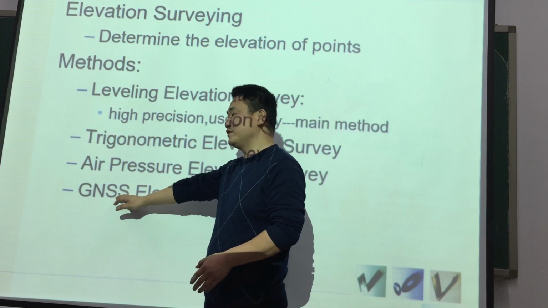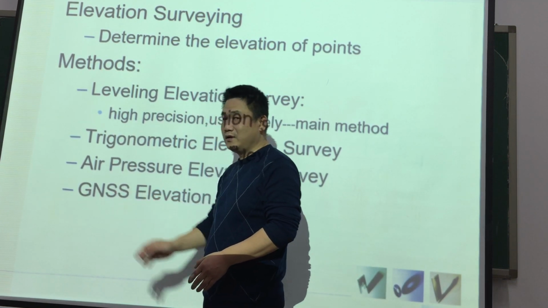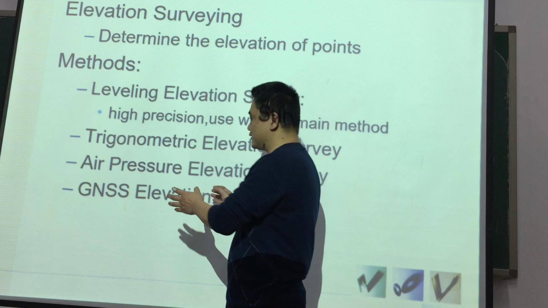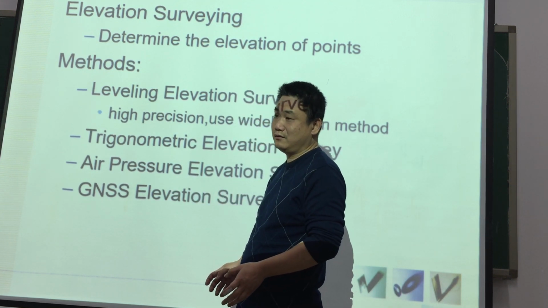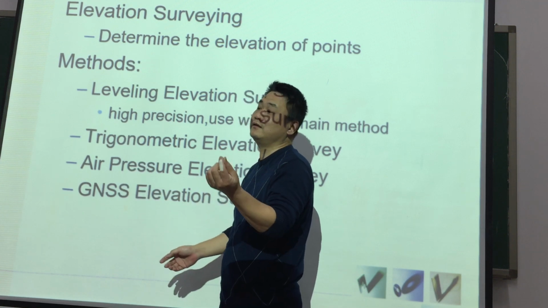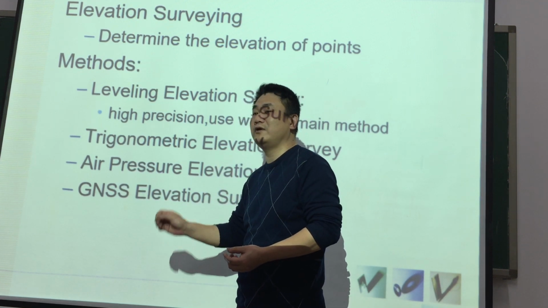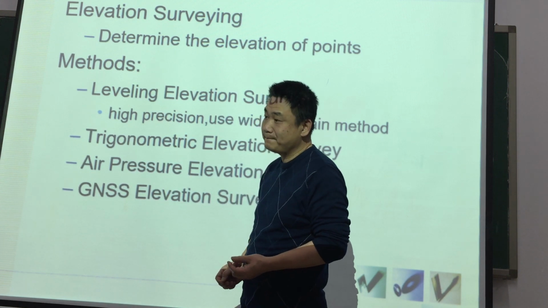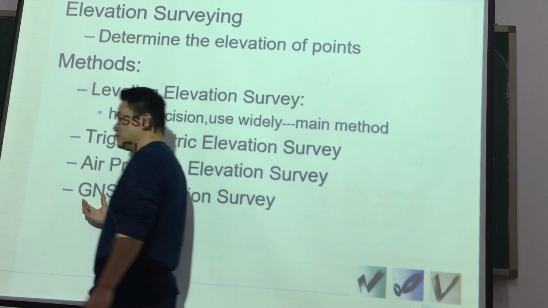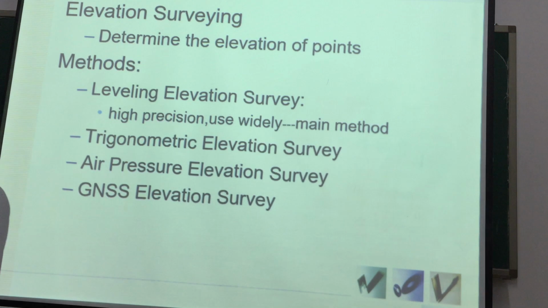But the most important thing for this system is you can get the data very quickly. In just 1 second, you can get the coordinates of any point on the ground all around the world.